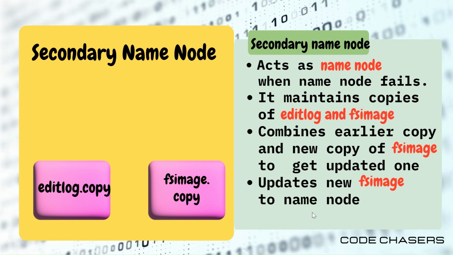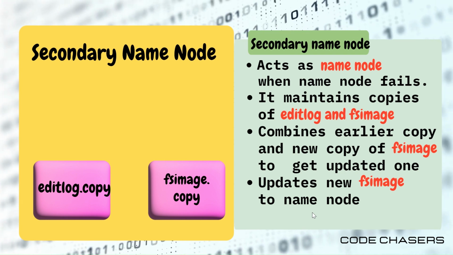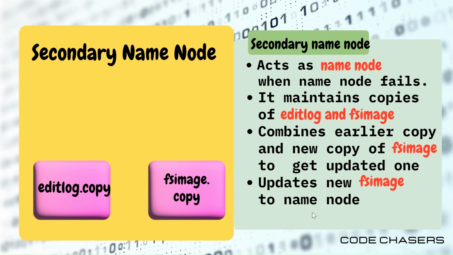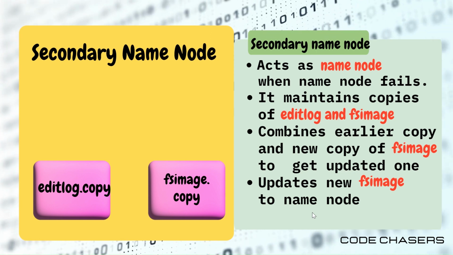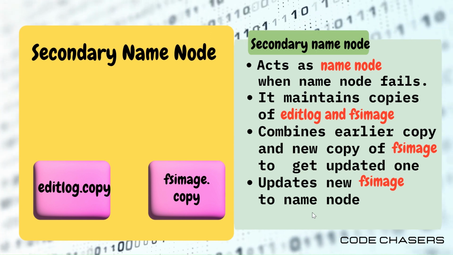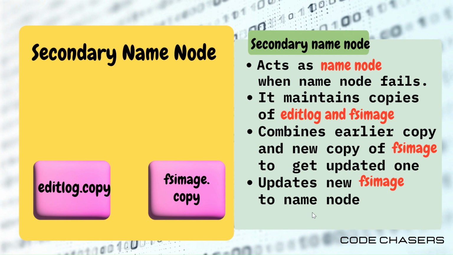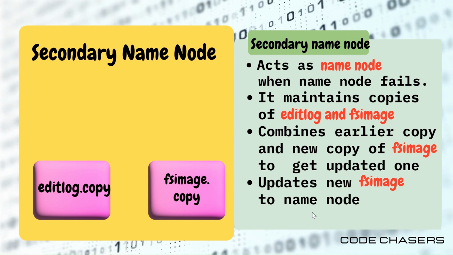Don't worry, code chasers. Hadoop has a solution for us. That is, we have a secondary name node. Secondary name node contains editlog.copy and fsimage.copy. Secondary name node acts as a name node when the name node fails. It maintains copies of editlog and fsimage.